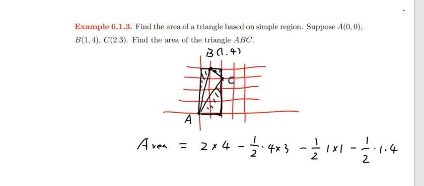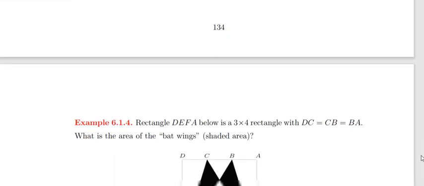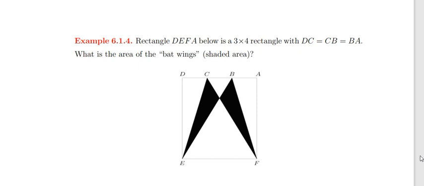Okay, so in this way, finding the area is much simpler. So in many problems we use this way. We just find the triangle's area by subtracting some easy triangles, easy ones to calculate.